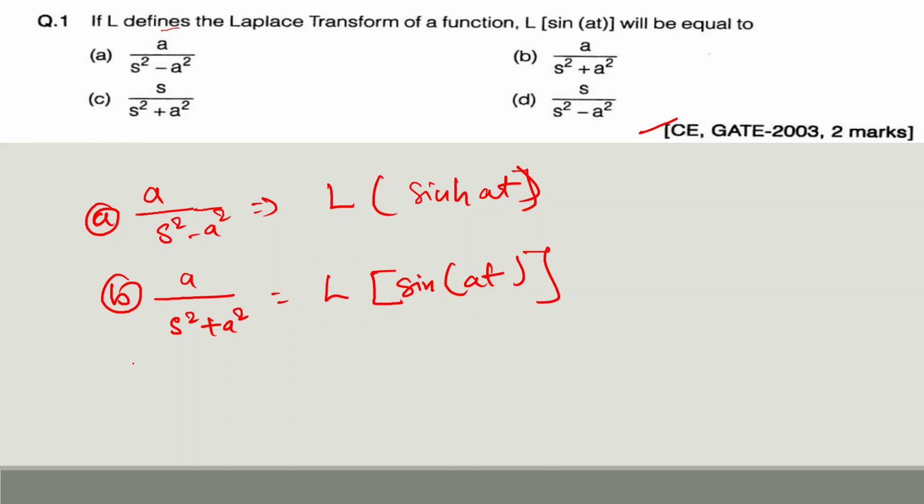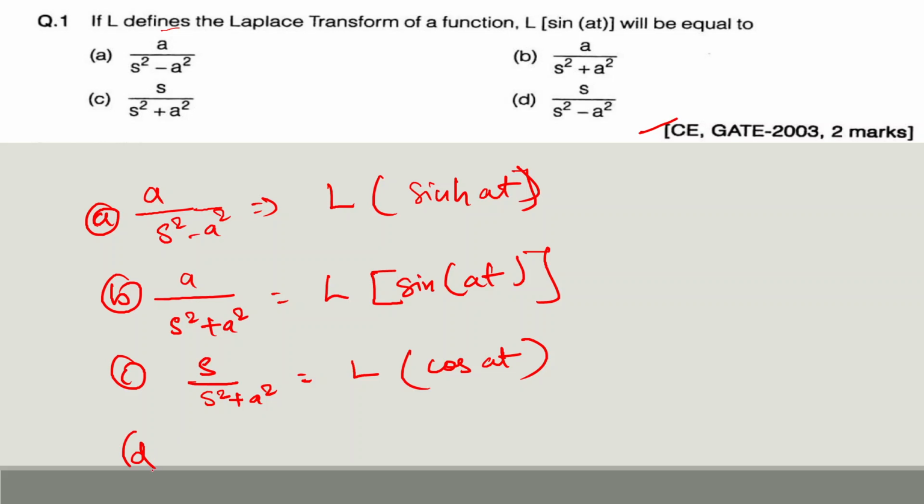Option C is s square upon s square plus a square, equal to the Laplace of cos at.